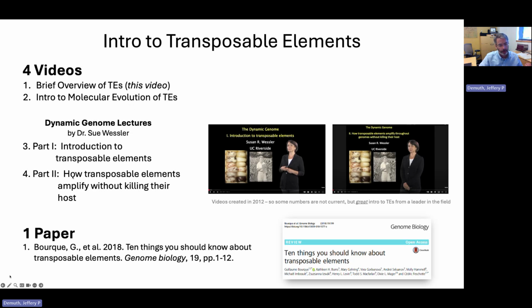Then the next two provide a little bit more in-depth history of how we know what we know about transposable elements, and then how they work. And rather than listen to me, I've given you two lectures from Dr. Sue Wessler. She is a member of the National Academy of Sciences, one of the premier people working on transposable elements.